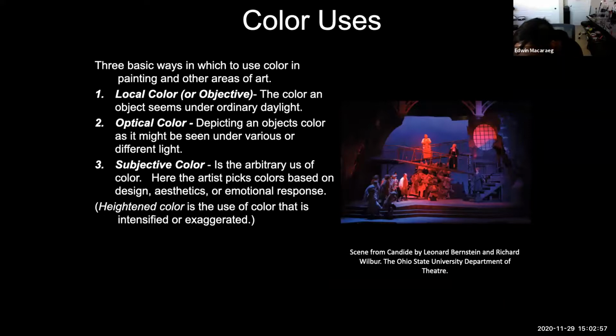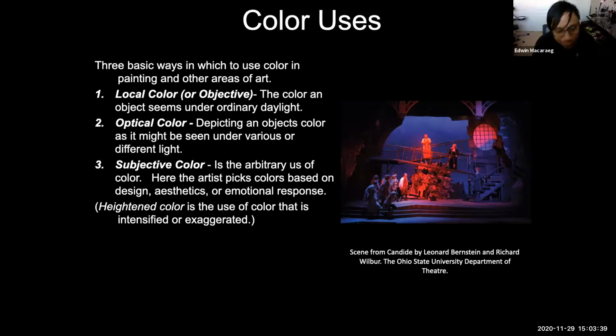Okay, so a little bit more info on color use. Local color I talked about briefly. Whenever you look at an object and it is of a natural color, we call that local color, just as I mentioned earlier, the green grass, the blue sky, and so on. Optical colors are depicting objects' color as it might be seen under different light. So say that you are looking at a tree, but because of the shadows on the leaves, you won't always see green.